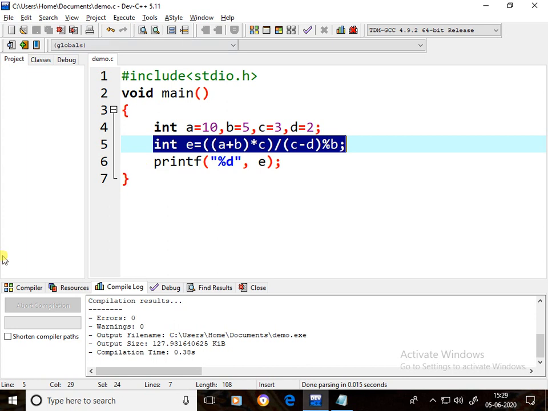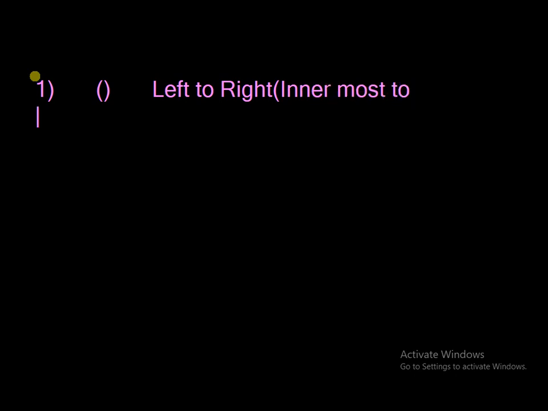First of all, I'll explain operator precedence. First category, brackets. These brackets are also evaluated left to right. In that, innermost to outermost. Second category, multiplication, division, modulo division.